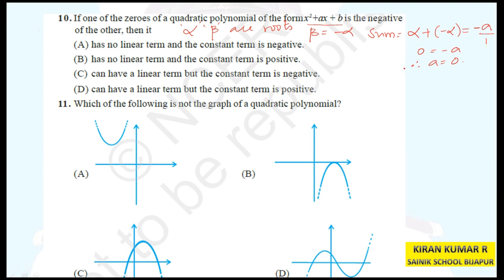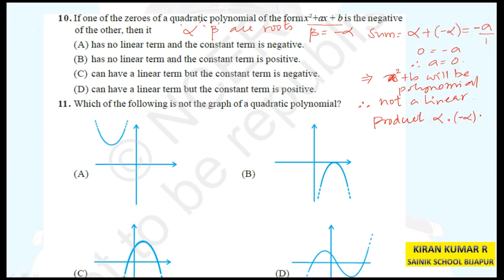If a is equal to 0, look at the polynomial x square plus ax plus b. If a is 0, it becomes x square plus b. So x square plus b will be the polynomial. Therefore, it has no linear term. And you just observe the product of the roots.